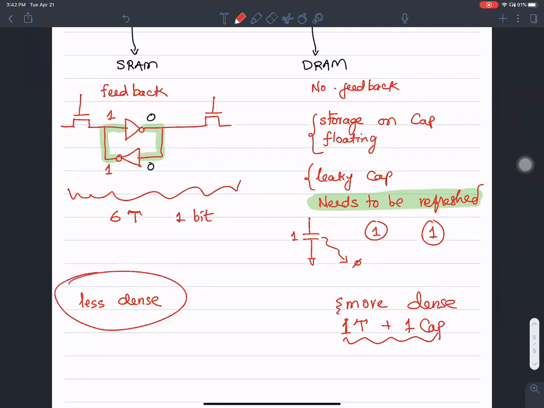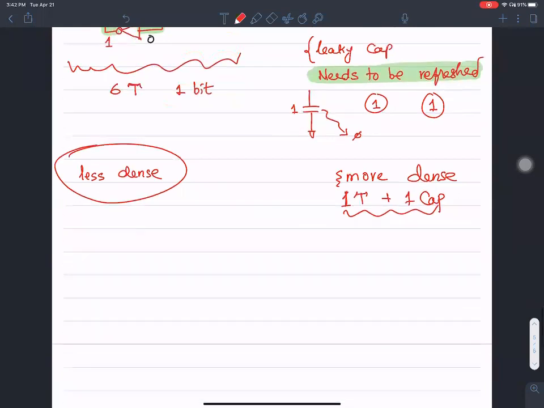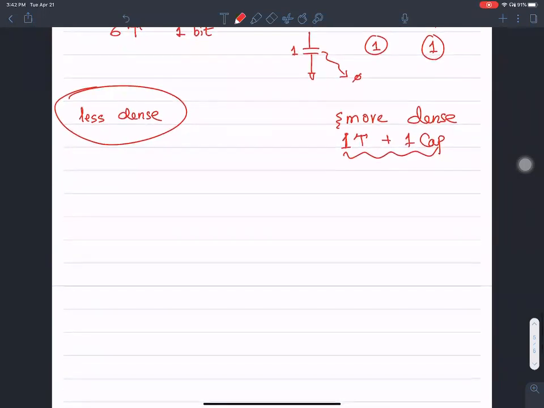Even though there is a disparity in terms of density, when it comes to operation, DRAM is less efficient. SRAM is quicker, SRAM is fast, SRAM is more efficient.